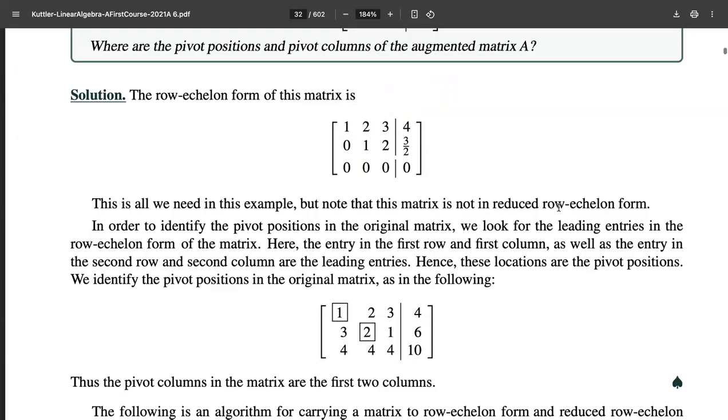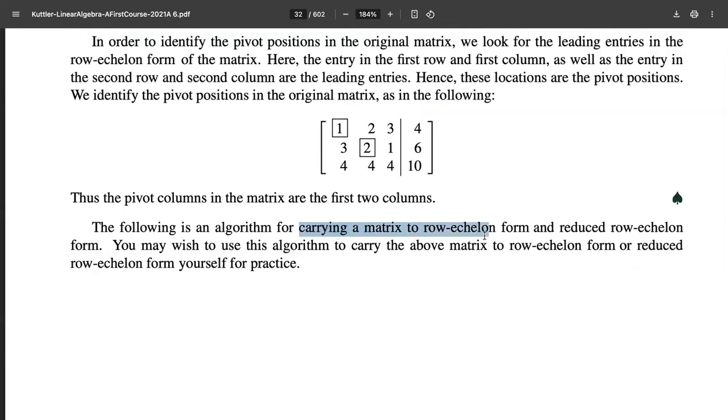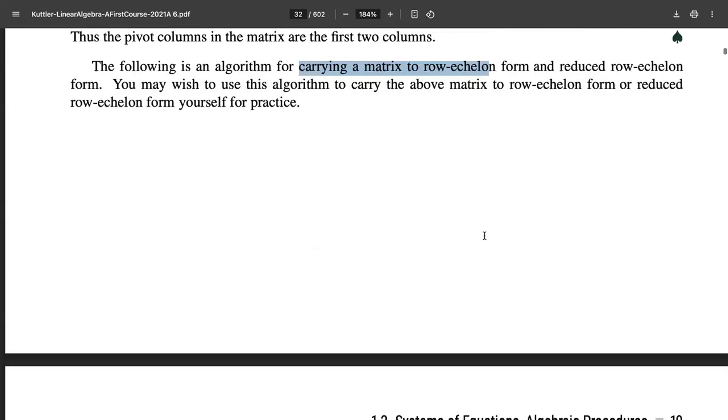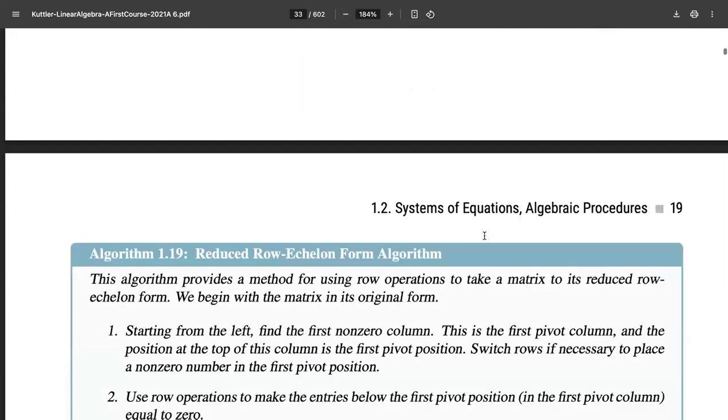Now we have an algorithm that helps us bring a matrix to its row echelon form and reduced row echelon form, and it always works. It's like a procedure, the steps you do to get your matrix to its reduced row echelon form.